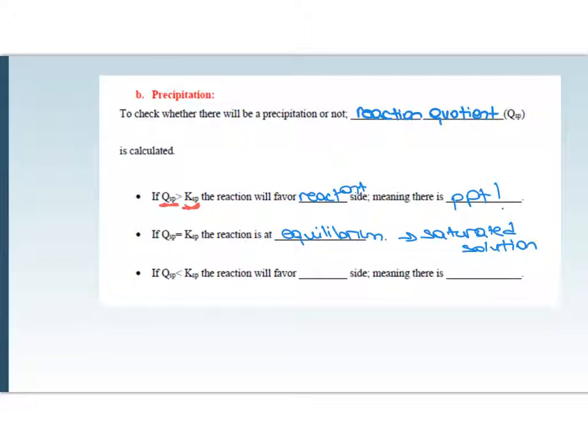And if QSP is smaller than KSP, in this case the reaction will favor the product side, meaning there is an unsaturated solution. This can occur if and only if there is a solid in the container. If there is no solid form of the solute, the change cannot favor the product side. So please be careful with the questions.